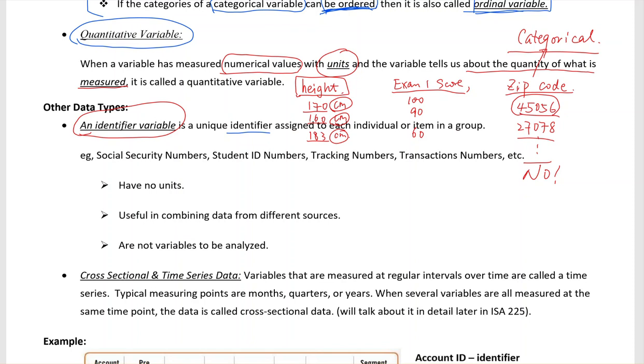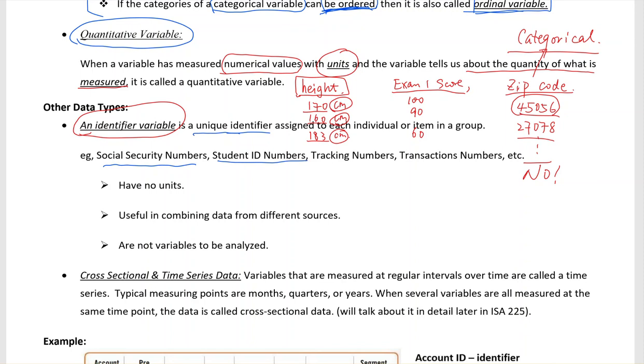For example, social security numbers, right? Everyone has a different social security number. It doesn't belong to categorical variables. And a social security number doesn't have units and doesn't measure anything, right? So social security numbers are just a unique identifier for each person.